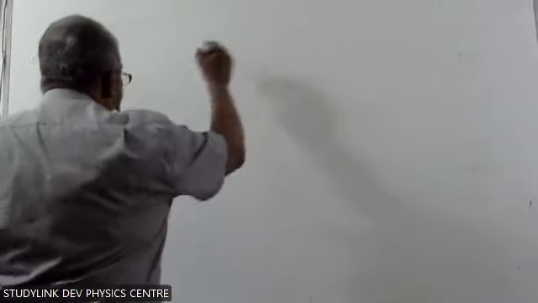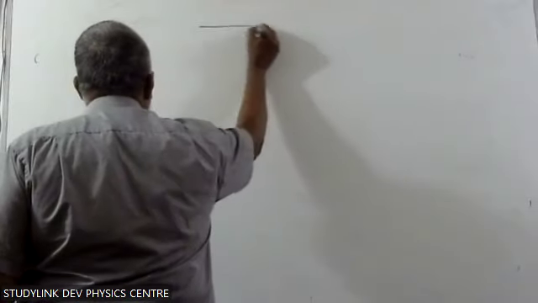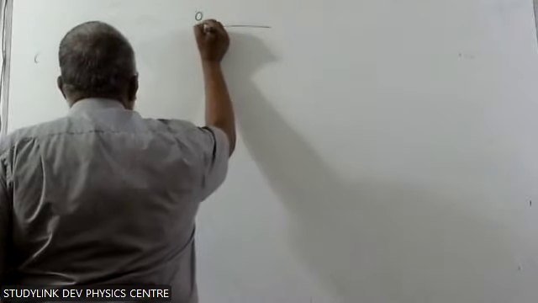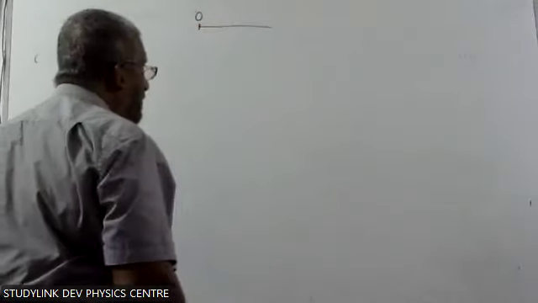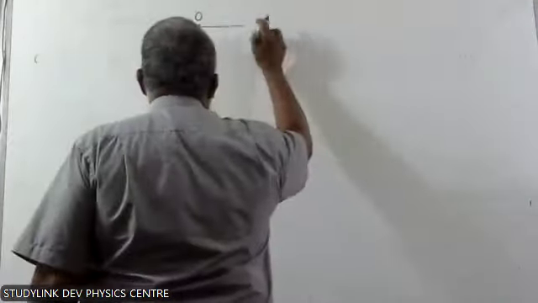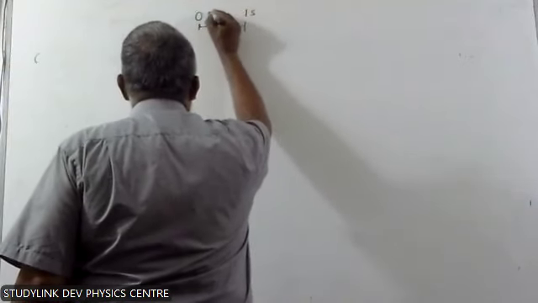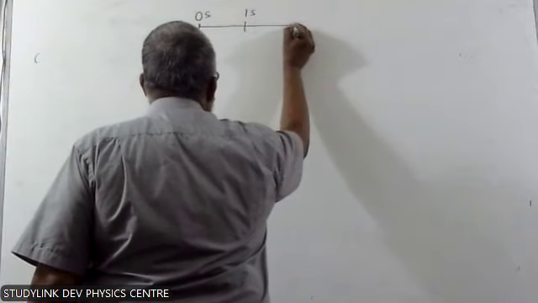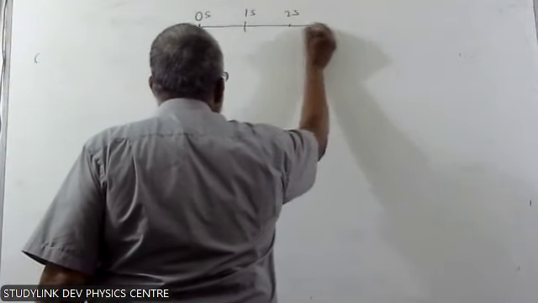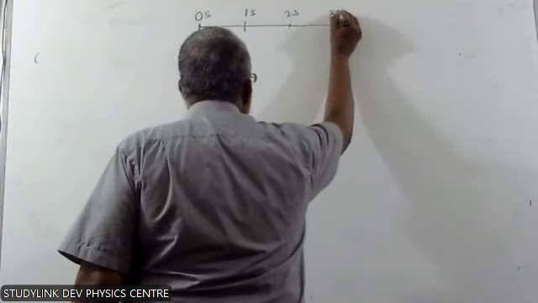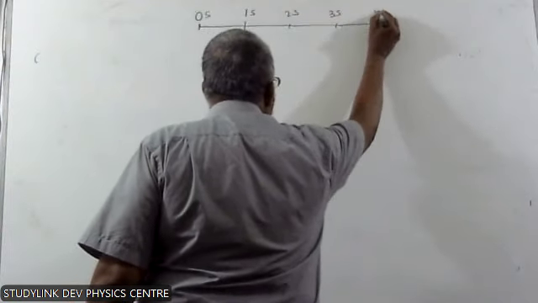In seconds, the time starts at zero. This is the instant we measure the time. After a certain duration, it becomes 1 second. This is 0 seconds. Then 2 seconds, 3 seconds, 4 seconds.